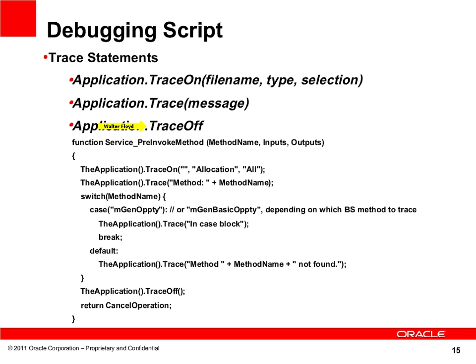If you note here on the example where I'm doing it in script, I've got an empty quoted string for the file name option of the trace on. If you leave that empty, it adds all of the tracing statements that are generated from turning trace on this way to your object manager log, or your Siebel log file if you're in thick client.